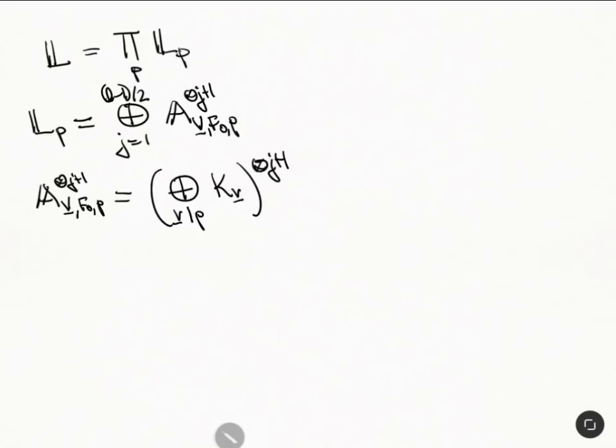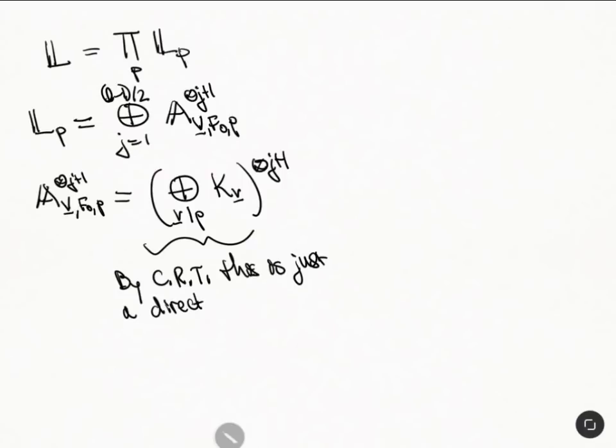By the Chinese remainder theorem, I'll say a little bit more about this, but by the Chinese remainder theorem, this is just a direct sum of fields, direct sum of p-adic fields.